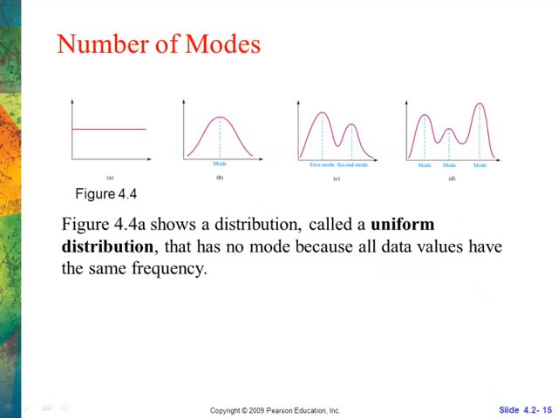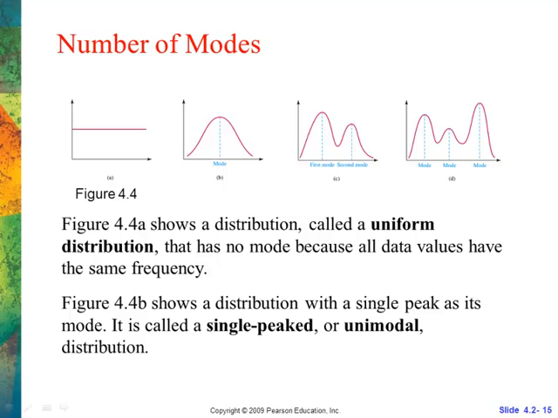A flat line is uniform. It has no mode, or basically everything is a mode. A single curve like this has a single mode. This has 2 modes, and this has 3 modes, or multimodal.